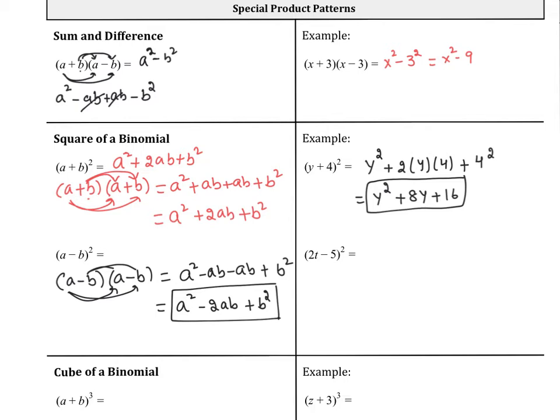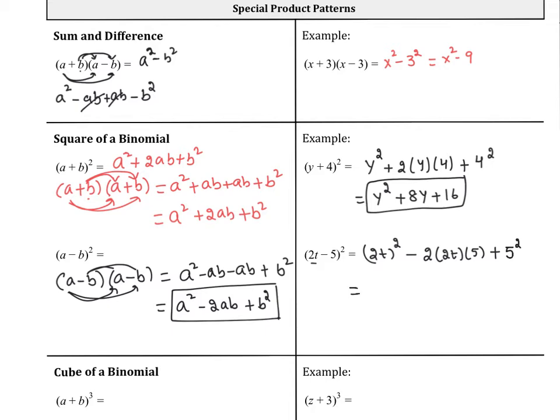Similarly, for 2t minus 5, we have 2t as a, 5 as b. So a square means you're going to have 2t square minus 2 times a times b plus b square means 5 square.